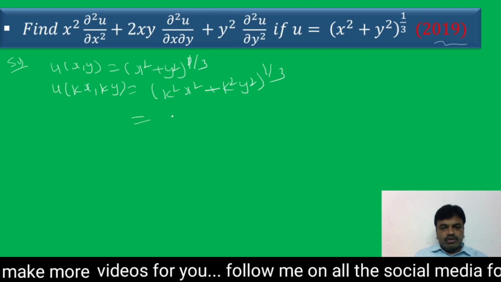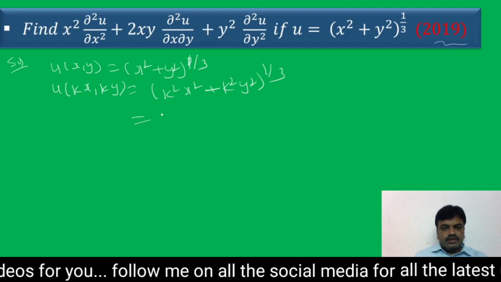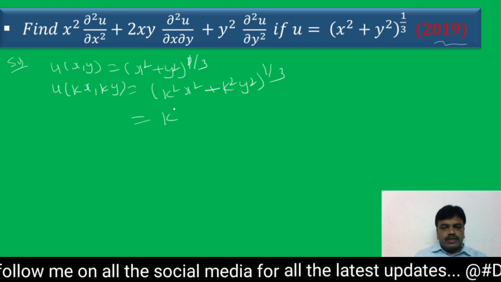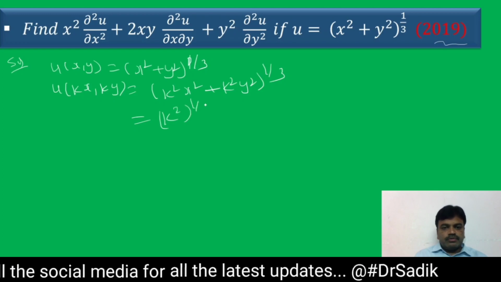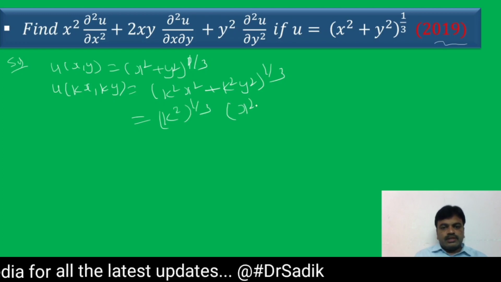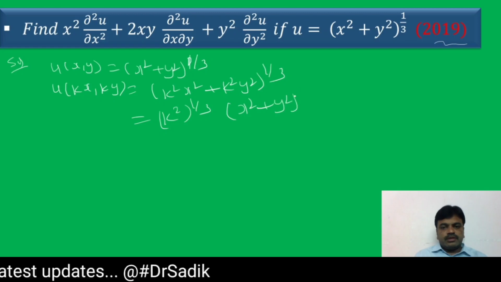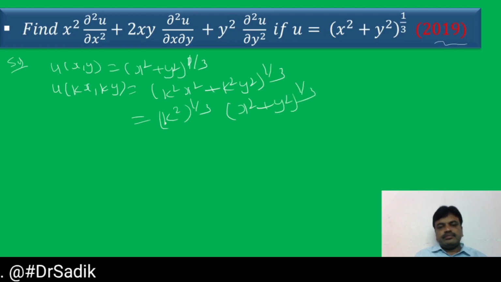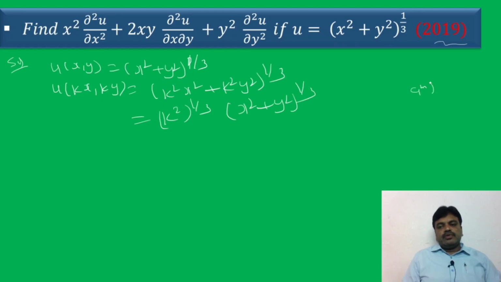Finally we can take in common here friends k², so (k²) whole power 1 by 3 into (x² plus y²) whole power 1 by 3. Okay friends, now it is like (a^m)^n is equal to a^(mn), so that it can be written as k^(2/3) into (x² plus y²) whole power 1 by 3.